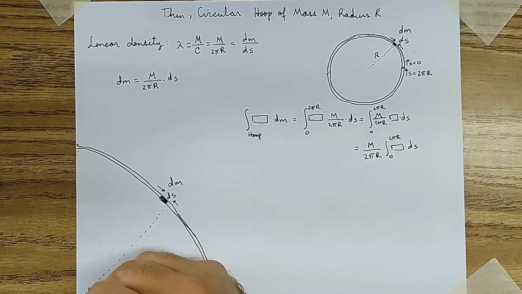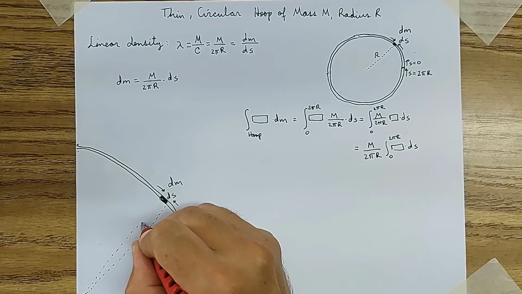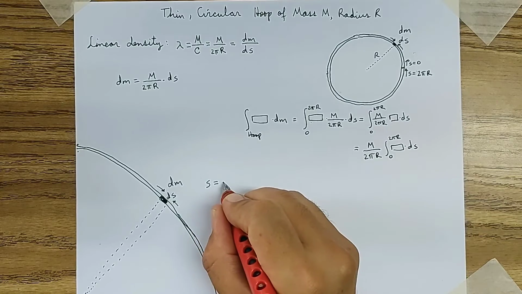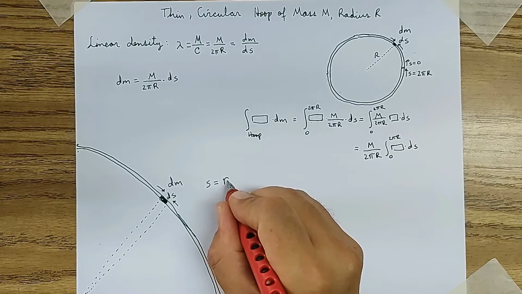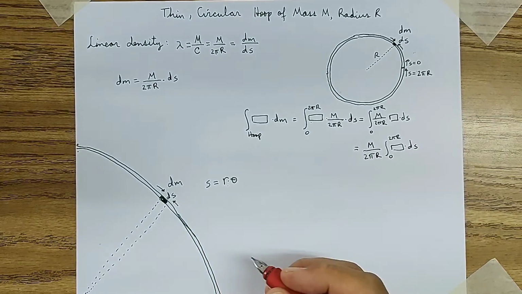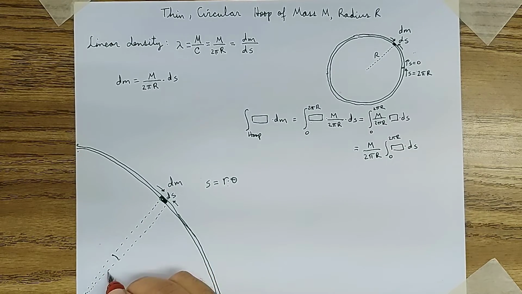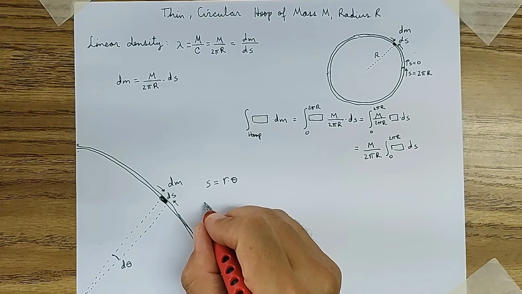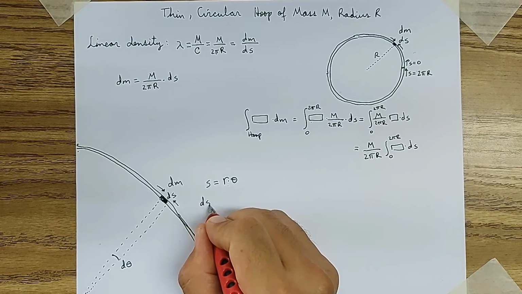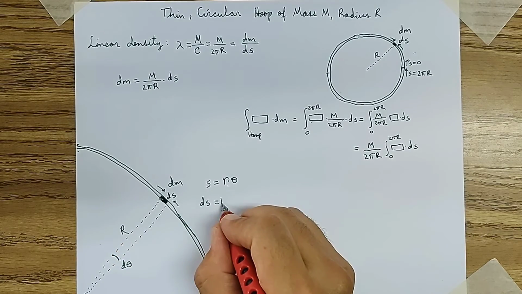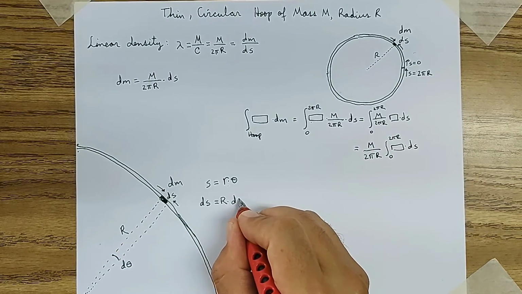According to the relationship defined by radian measure, arc length is equal to radius times angle measured in radians, then you could say that this angle, which is arguably very small, let's call it d theta, determines this arc in exactly the same way. ds is equal to the radius of this hoop, which is capital R, times d theta.